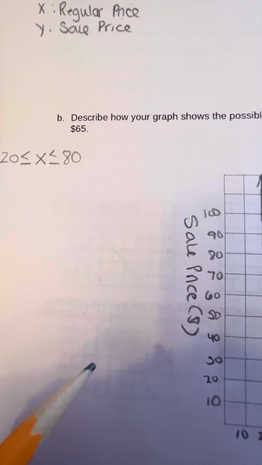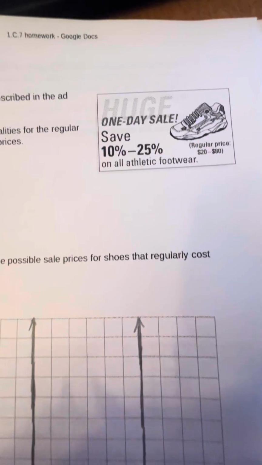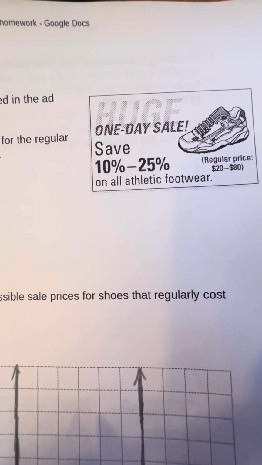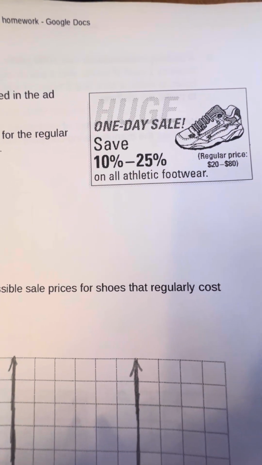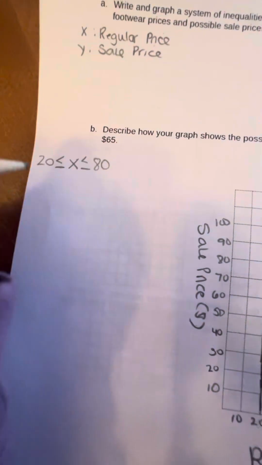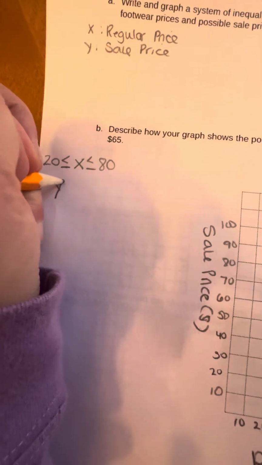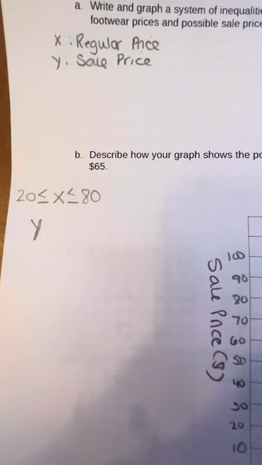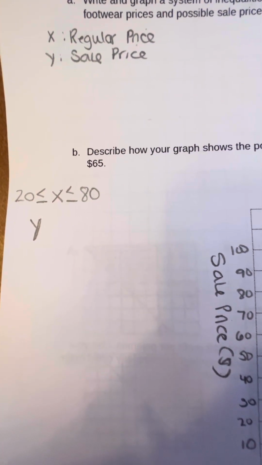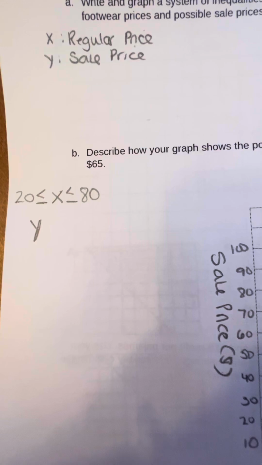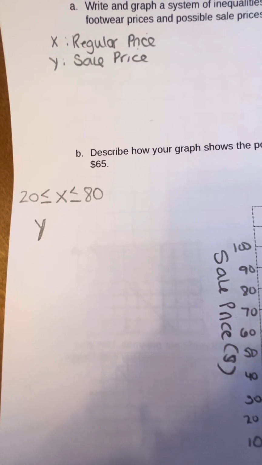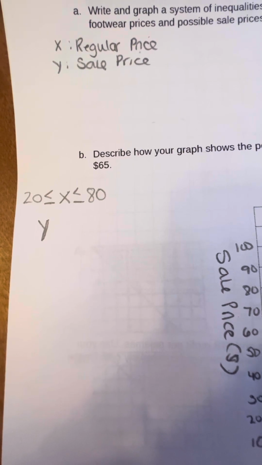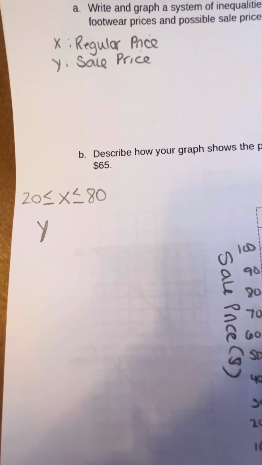And so now when we're looking at our sale prices, our prices range anywhere from 10% to 25% off of the regular cost. So when I'm writing the sale price, you have to think about the fact that if you calculate 10%, that's only going to tell you how much money you're getting off of that item. So you don't want to use 10% of the number because that's only going to give you your discount.